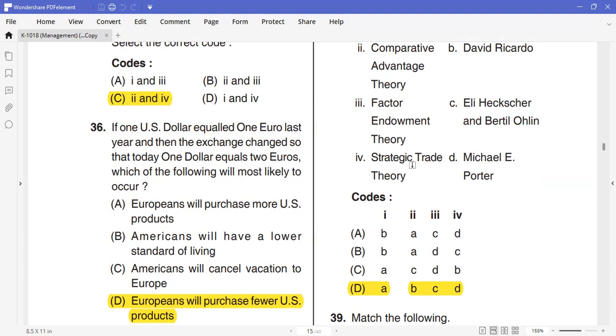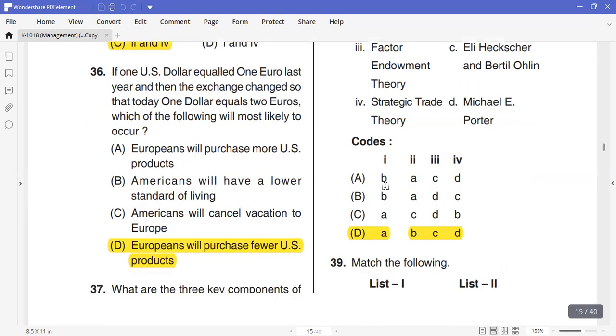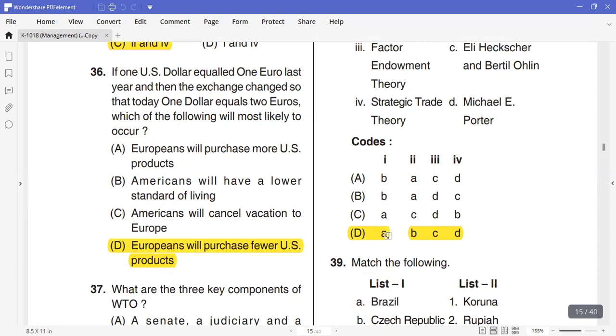The fourth, strategic trade theory is given by Michael E. Porter. So the correct option for the 38th question is D. That is 1 versus A, 2 versus B, 3 versus C, 4 versus D.